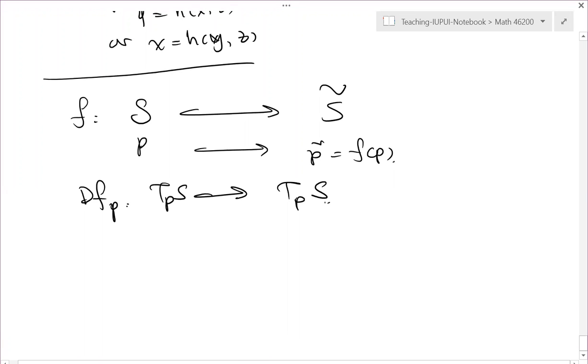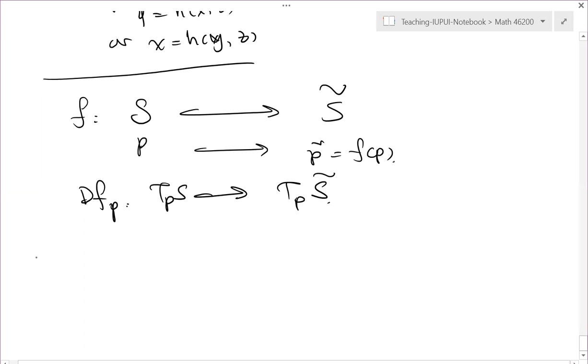As a linear map, you can talk about it being singular or non-singular. That is linear algebra, from a 2 dimensional vector space to another 2 dimensional vector space.